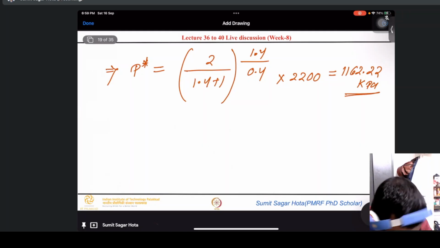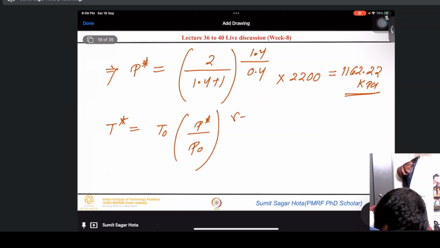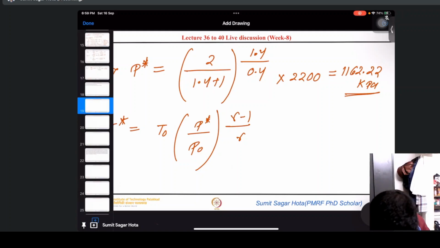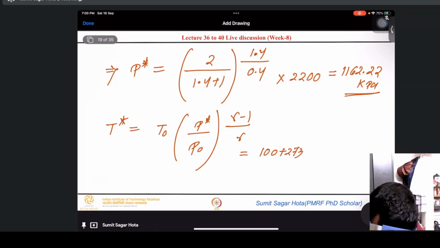Now T star over T naught is (P star by P naught) to the power gamma minus 1 by gamma. What is T naught? 100 plus 273.